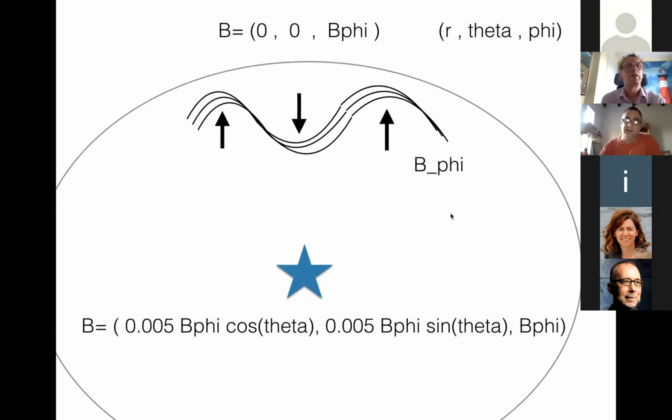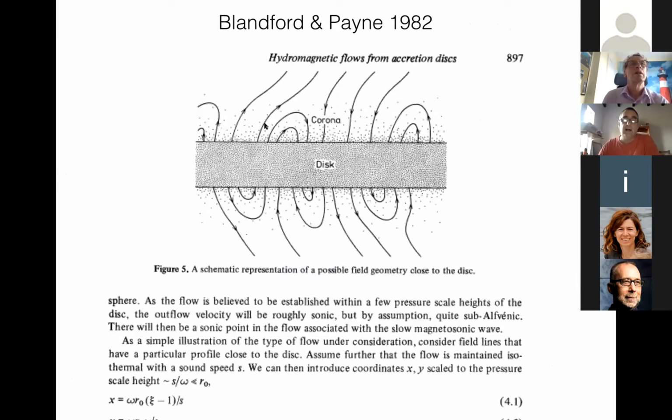So we are assuming that the toroidal field is going to be perturbed and it's going to form up and down magnetic field above the disk and below the disk. That's the way that we get the poloidal field. This is similar to the Blandford-Payne solution, but instead of the radial direction, we have the phi direction.